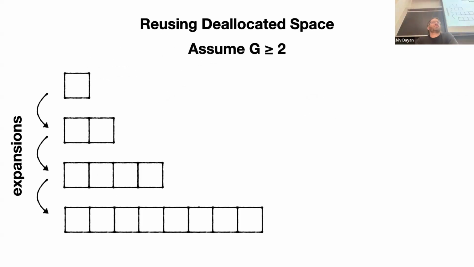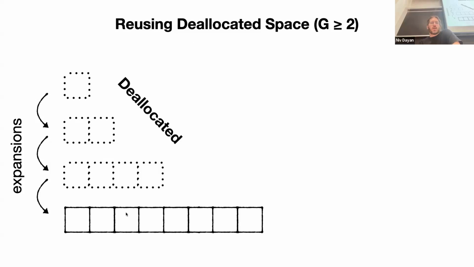Here's the issue. Let's suppose we're using a growth ratio of 2 in this example, but it could also be anything higher than 2. A bunch of expansions happen, here 3 expansions. At this point, all of these are previous versions of the array that are now deallocated. But once we deallocate them, they don't automatically disappear.